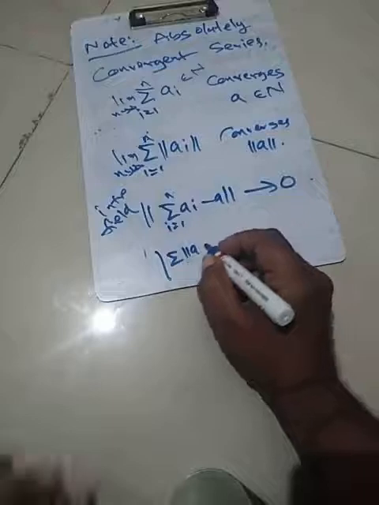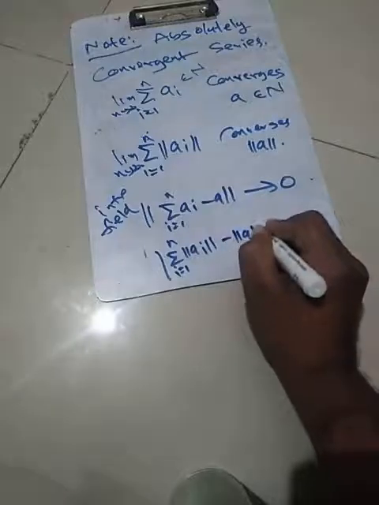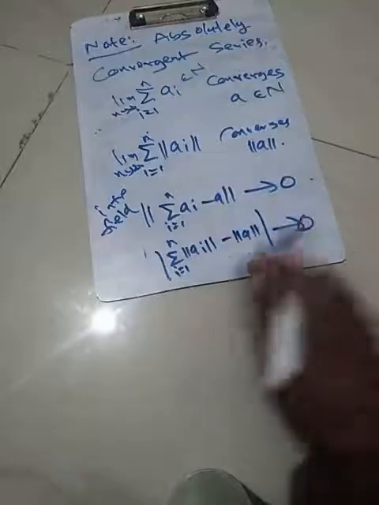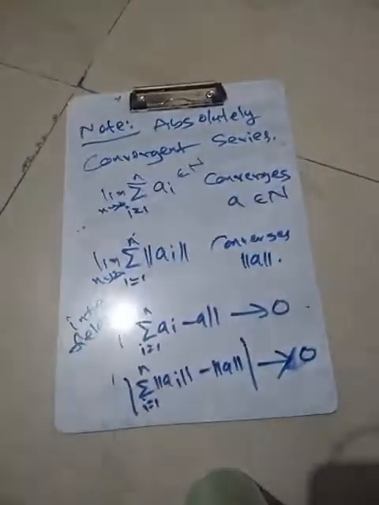So the absolute value tends to 0. This is absolute convergence. We have seen the proposition also: absolute convergence implies convergence.